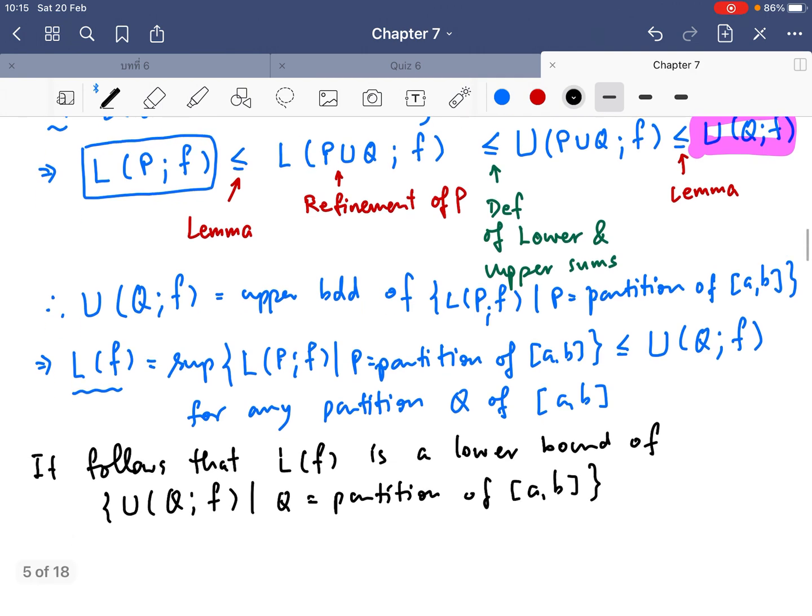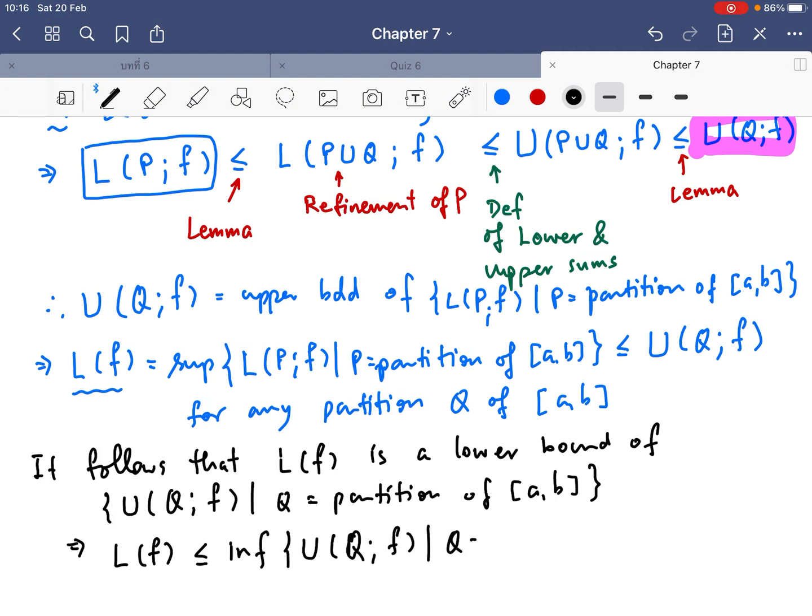Okay, so what does this mean? It means that the lower bound will be less than or equal to this infimum of all upper sums over any partition given.